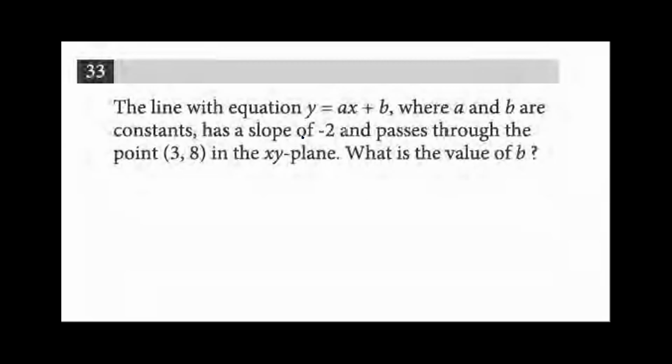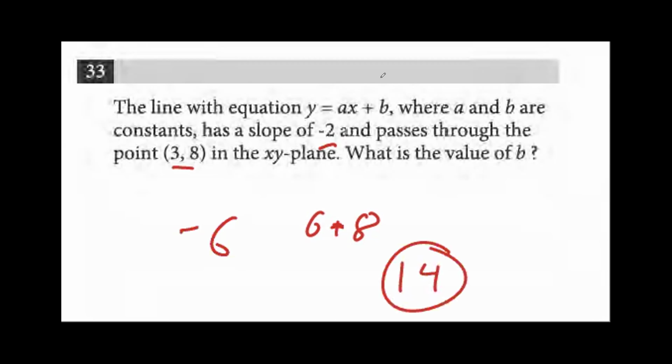We have a function, we have a slope of -2 and a point, 3, 8. So in this case, x goes +3, and the slope is -2, so that's going to be 3 times -2 is -6. So if we're going from +3 down to 0, we have to add 6 to the original value of 8. So 6 plus 8 is 14. So the correct answer is 14 for the value of b for the intercept.